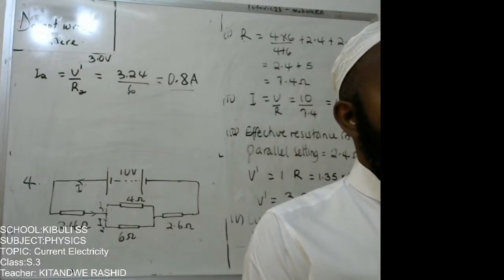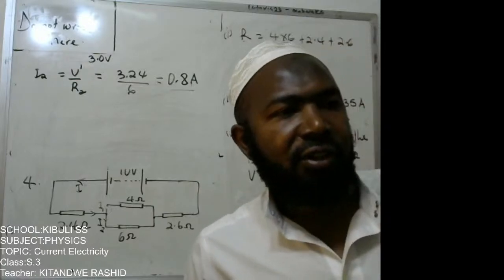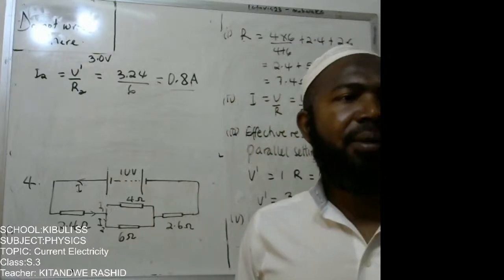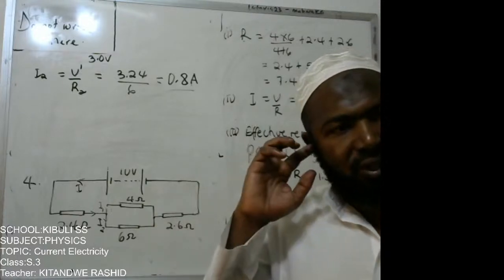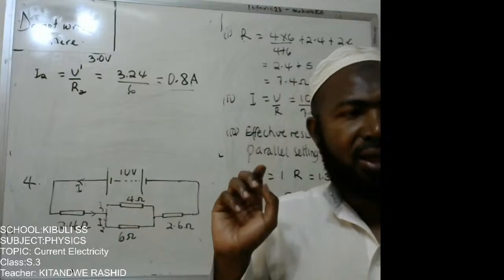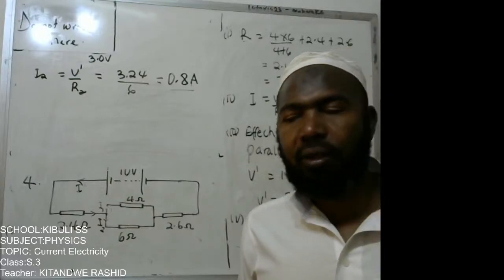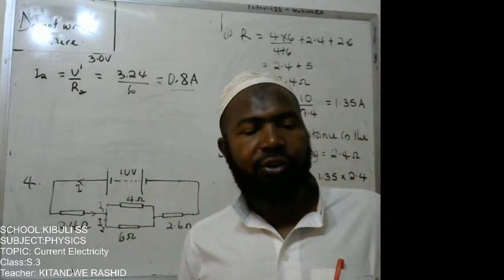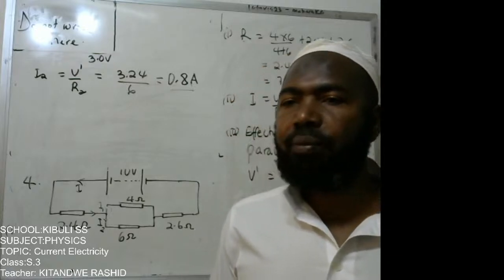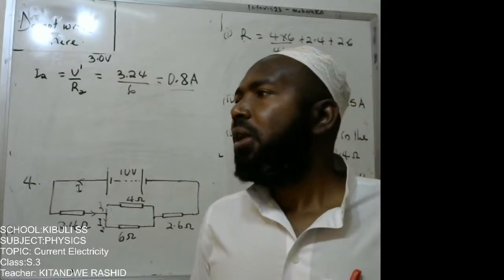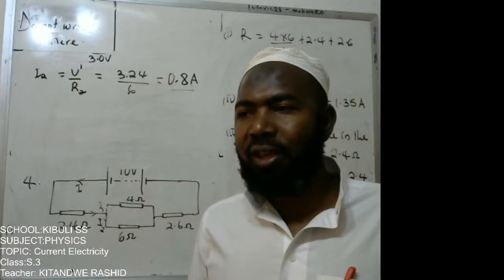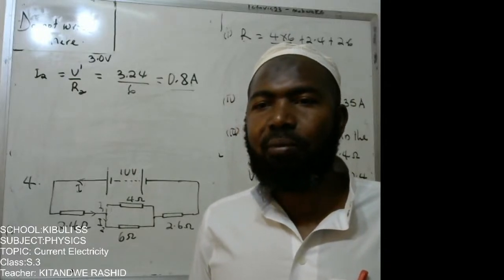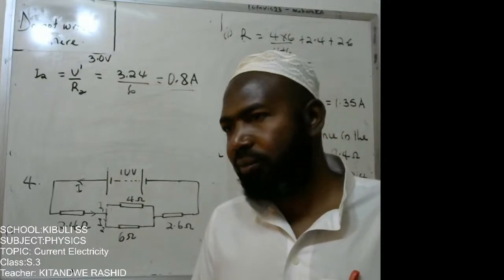Number 3, you are given a circuit, and then you'll be able to find current I1 and I2 as we have tried to do with the other previous number. And number 4. Members, I want you to pick a lot of interest in this topic because you cannot claim that you are going to be an electrical engineer when you don't know the basics of current electricity.